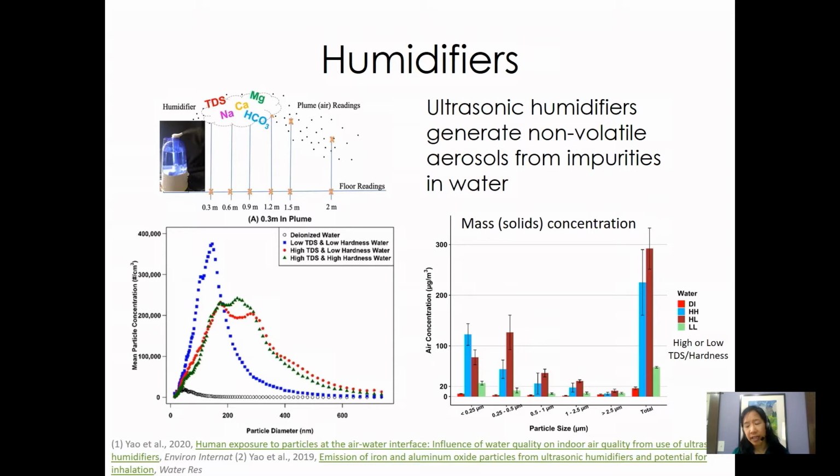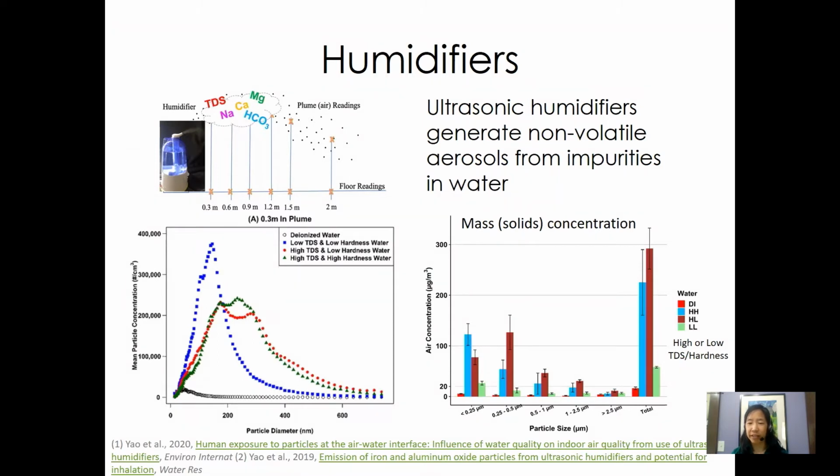The hardness doesn't seem to matter that much, except for a little spot in there, the difference between the green and the red. Now, in terms of mass concentration, the lower right graph shows that with water containing high total dissolved solids and high hardness, you can get steady state mass concentrations of over 100 micrograms per cubic meter of particulate matter in your air, where a lot of that is in this very small size range, less than 0.25 microns.